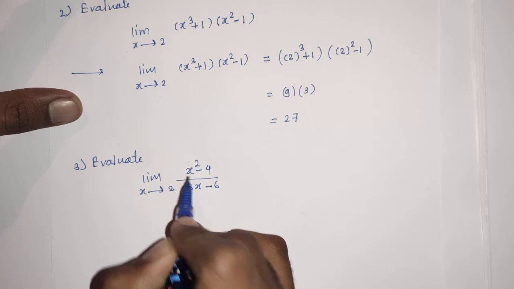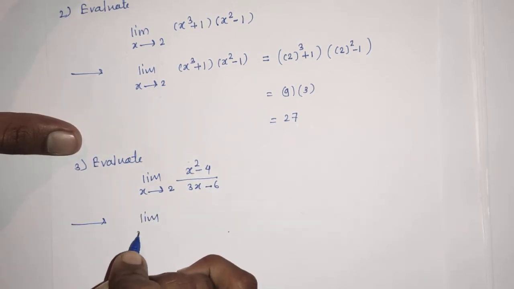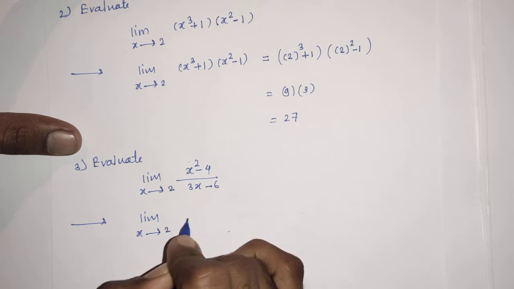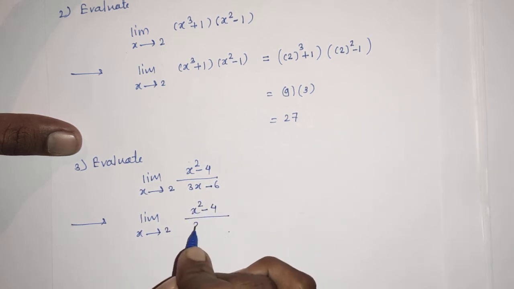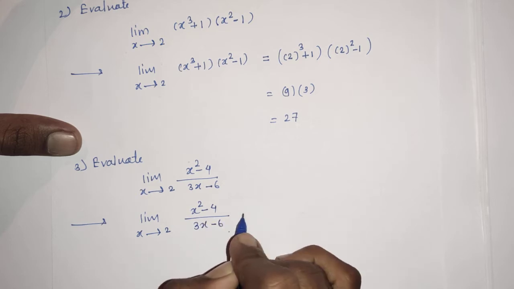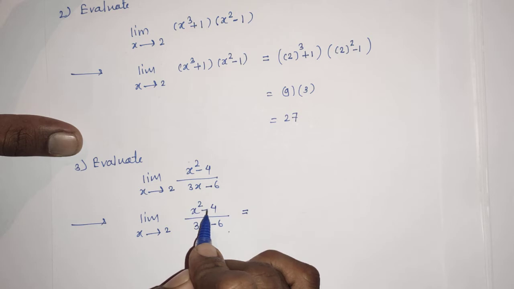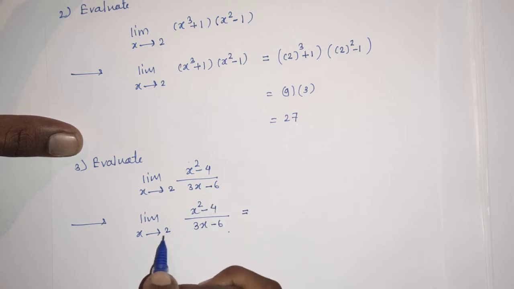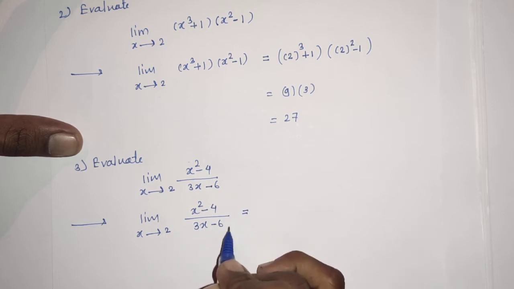Now if you put x equals 2, then we get, so here again to find the limit as x tends to 2 of x square minus 4 upon 3x minus 6. If we substitute x equals 2, then 2 square is 4, 4 minus 4 is 0, and in the denominator, 3 times 2 is 6, 6 minus 6 is 0. So we get 0 by 0 form.